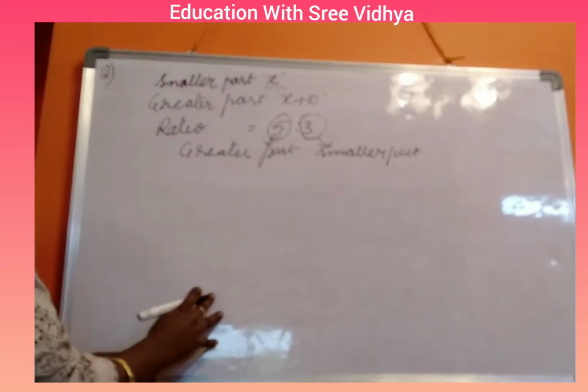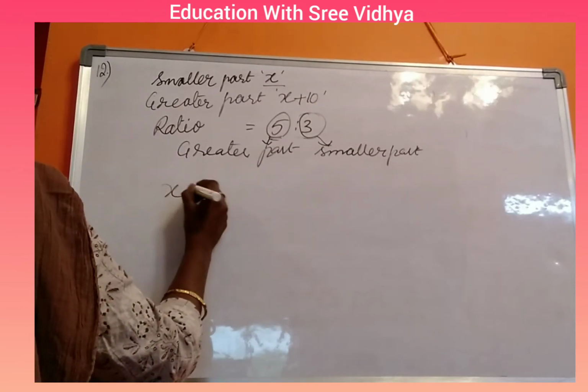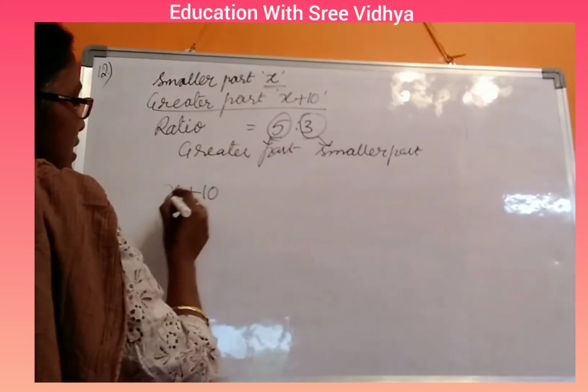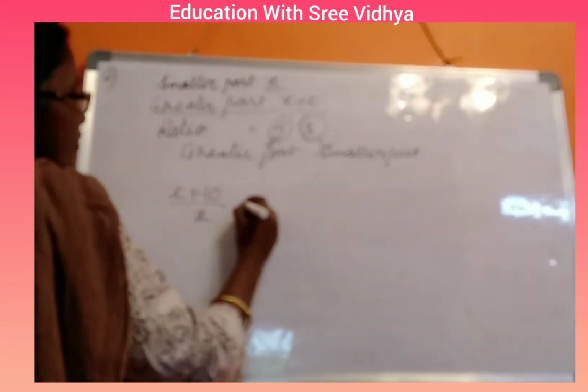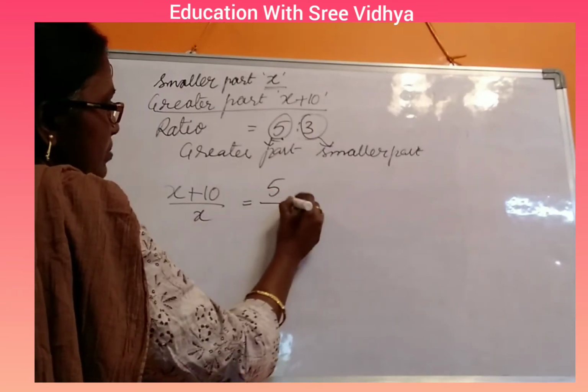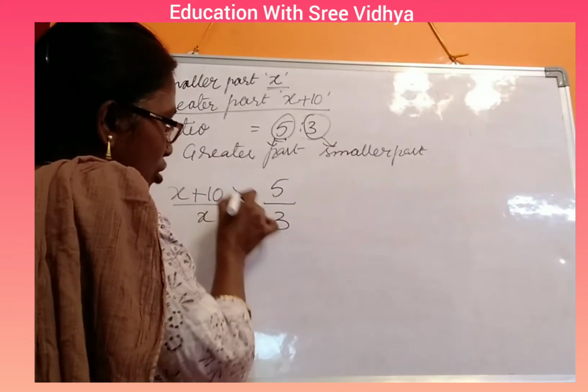So the thing is greater by smaller: X plus 10, the greater part, divided by the smaller part X, is equal to 5 by 3. Now cross multiplication.